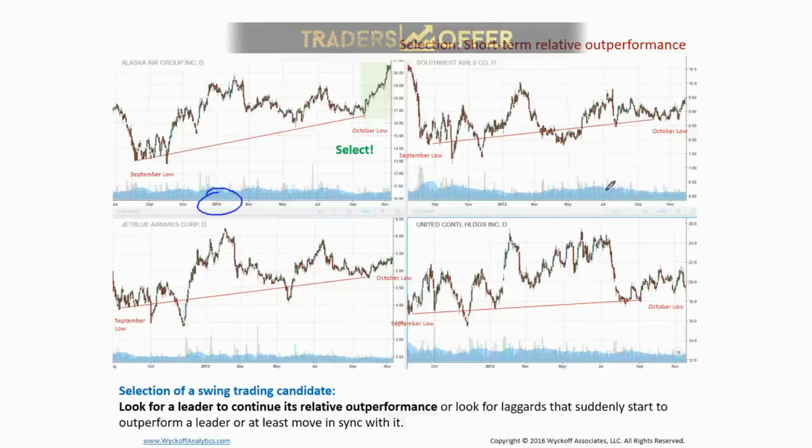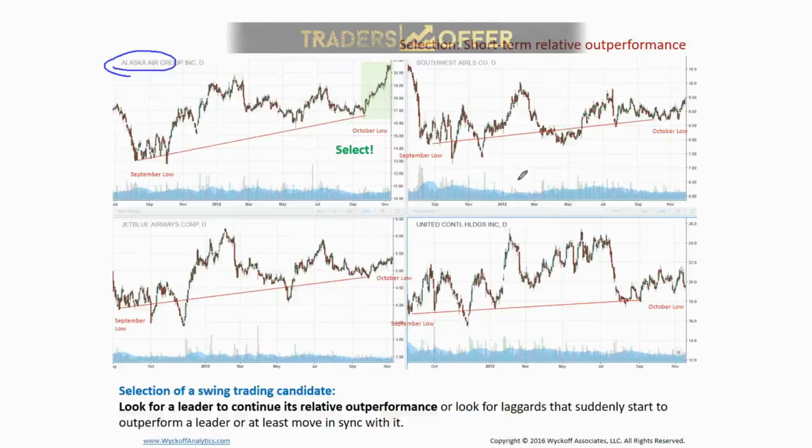Comparing all of the stocks here, we're seeing that Alaska Airlines is definitely outperforming by not only making higher highs, higher lows. The stride with which the price makes those higher highs, higher lows is actually much better than in other stocks.